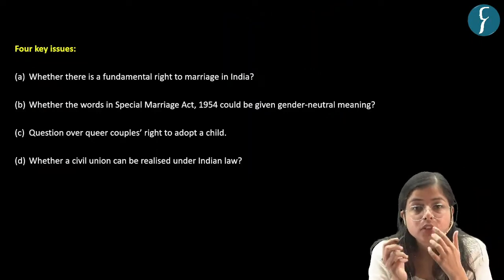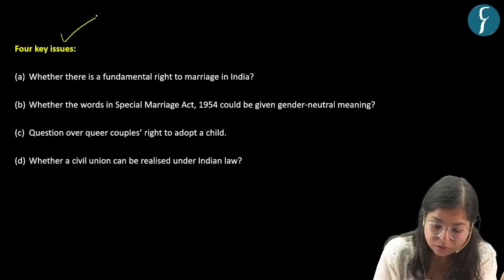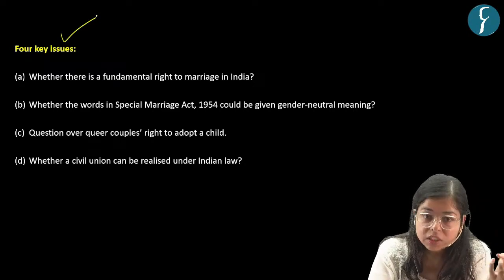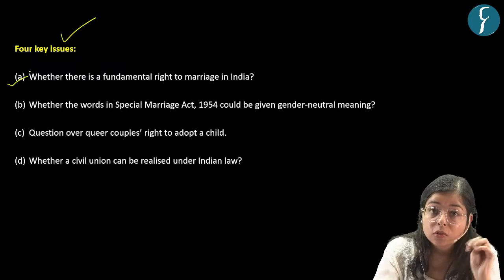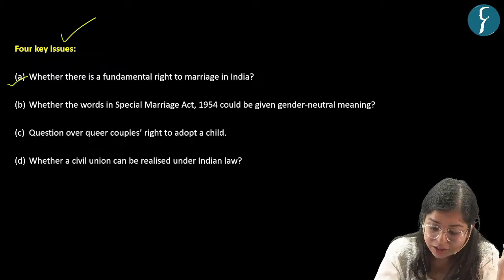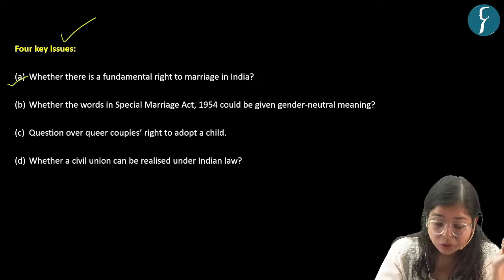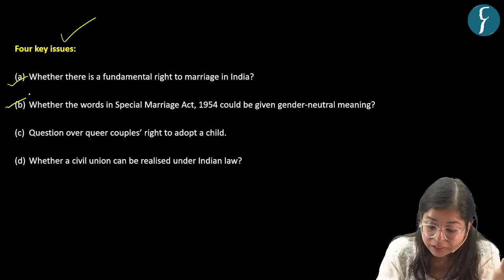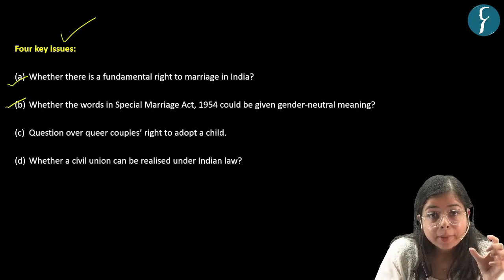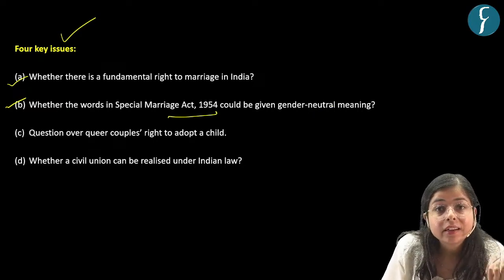The judgment which the Supreme Court gave yesterday basically deals with 4 key questions. The first question is whether there is a fundamental right to marriage in India. The other issue the Supreme Court dealt with was whether the words in the Special Marriage Act of 1954 could be given any gender neutral meaning.